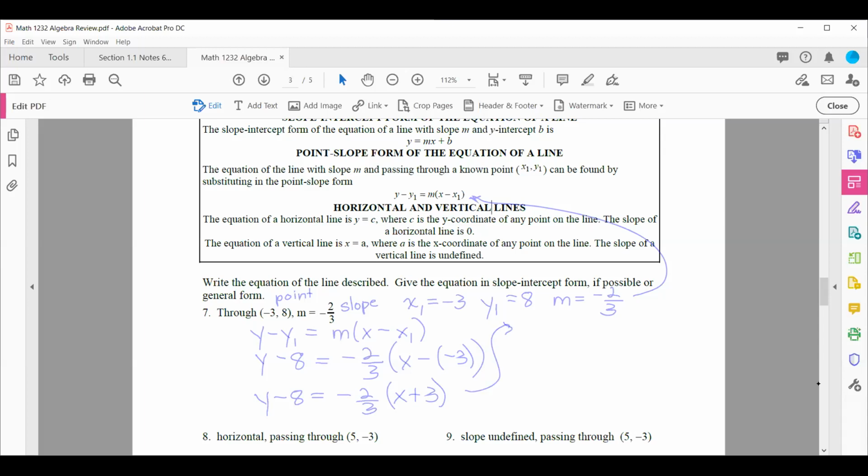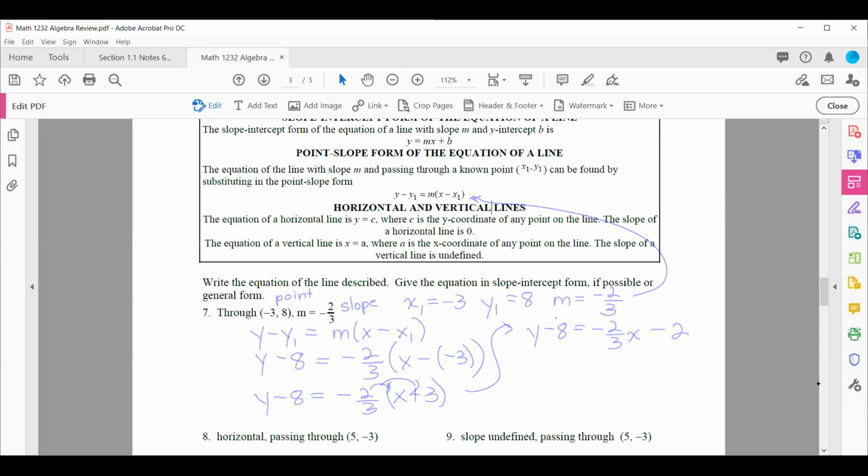Then I'm going to distribute the negative 2/3. So negative 2/3 x, and negative 2/3 times positive 3 is negative 2, which you can put in your calculator if you need to.